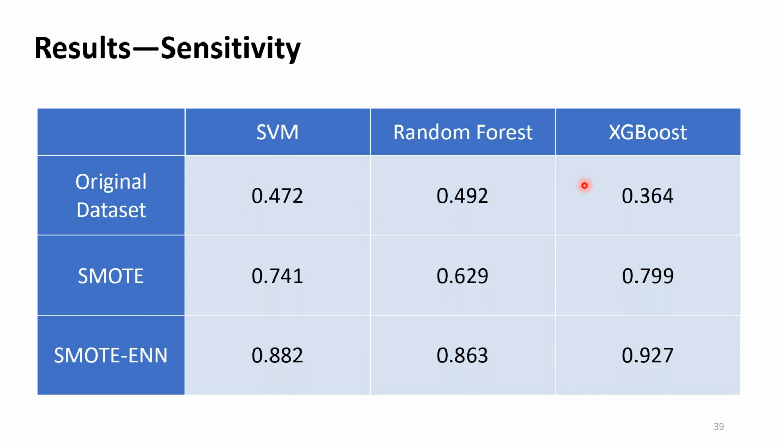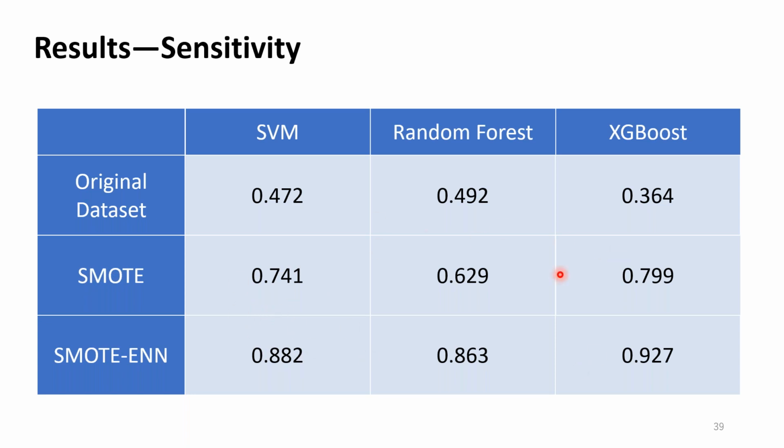The sensitivity is lower than 50% in support vector machine and random forest, and in XGBoost even lower. So these models are not useful in customer churn prediction. Then when we use SMOTE and SMOTE-ENN, the sensitivity improved significantly.